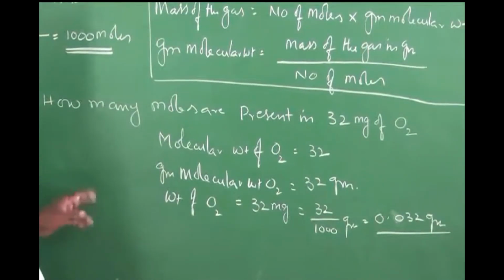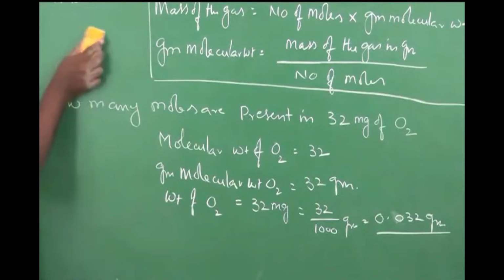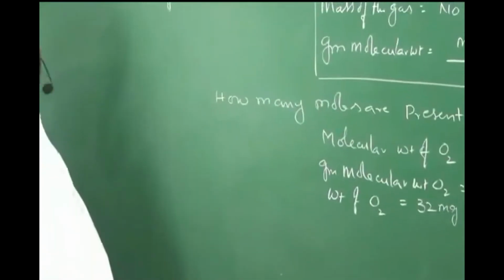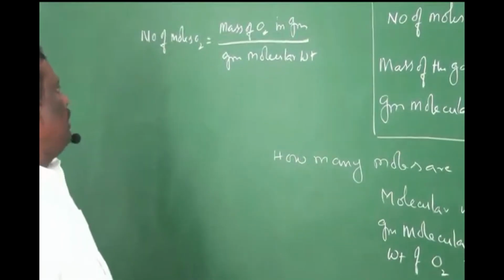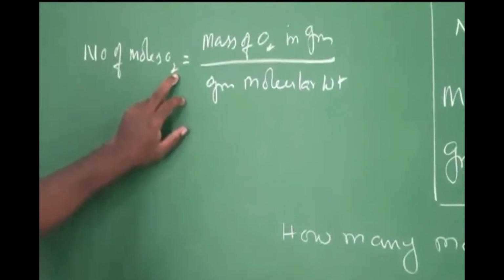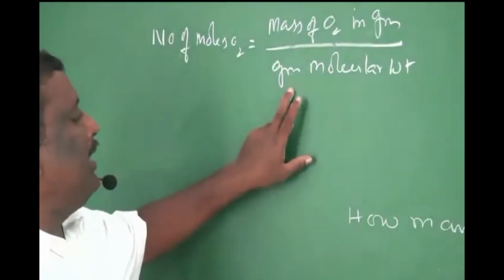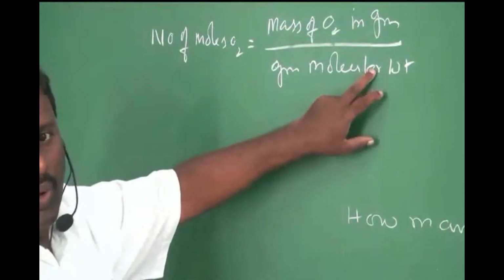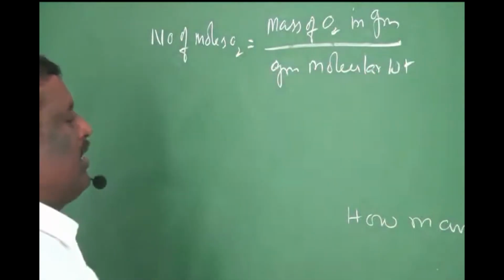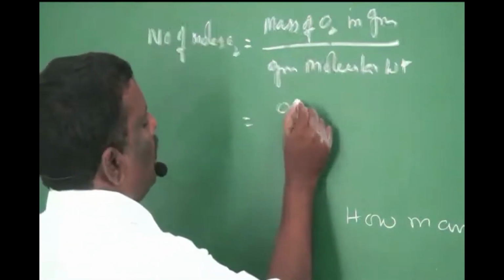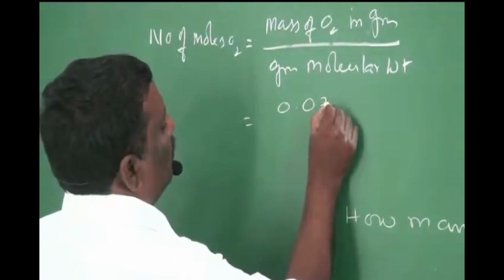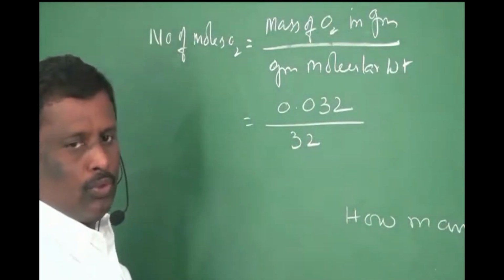Now you can simply substitute these values in the previous formula. So number of moles is equal to mass of oxygen in grams by its gram molecular weight. So mass of oxygen in grams is equal to 0.032, whereas gram molecular weight of oxygen is 32.